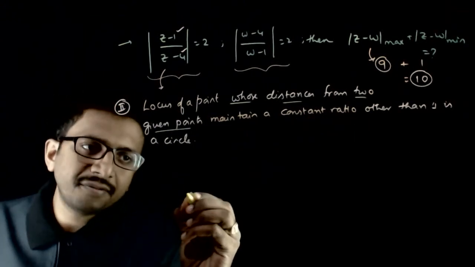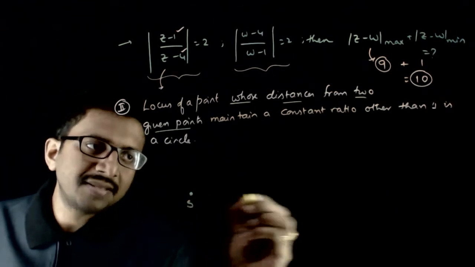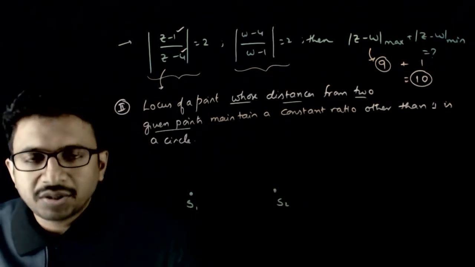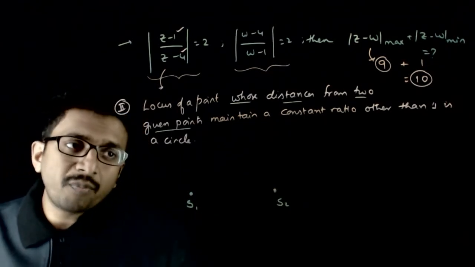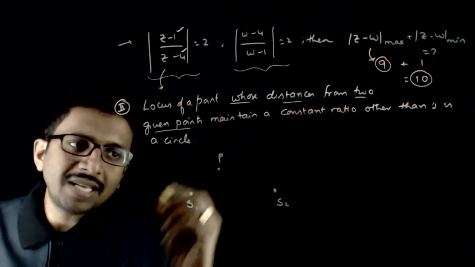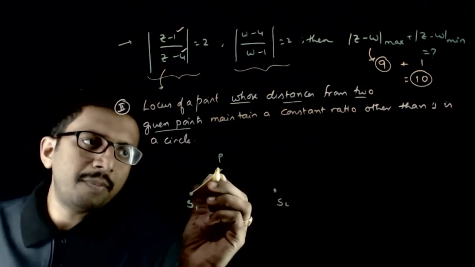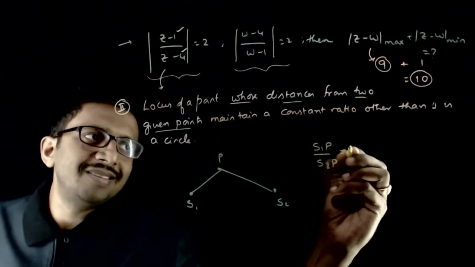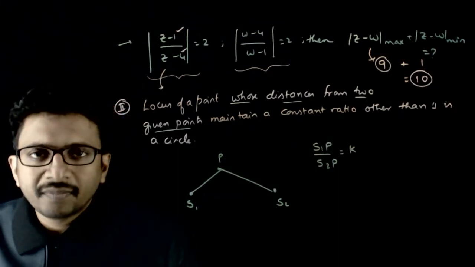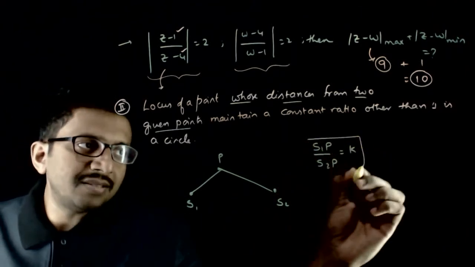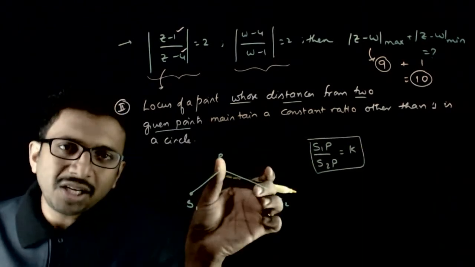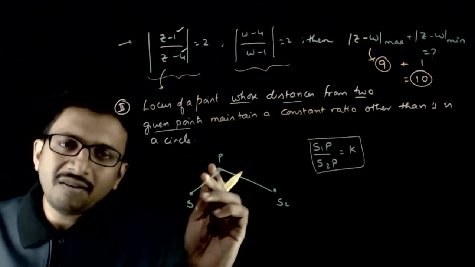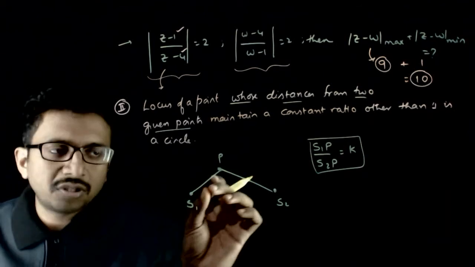That means if you have two given points S1 and S2, the locus of a point P such that S1P by S2P is a constant K. If this ratio of distances remains constant, then the locus of P will be a circle.